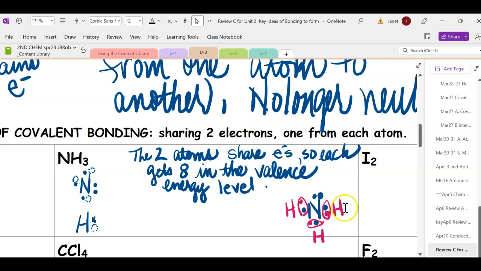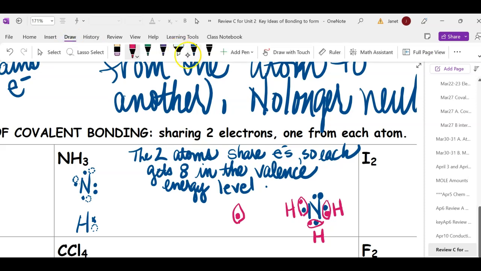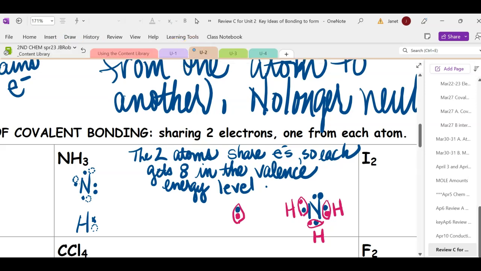This is how the electrons are shared. And this little pea pod with the 2 electrons shows that there's an electron from 2 different atoms, and these are shared between the 2 atoms.